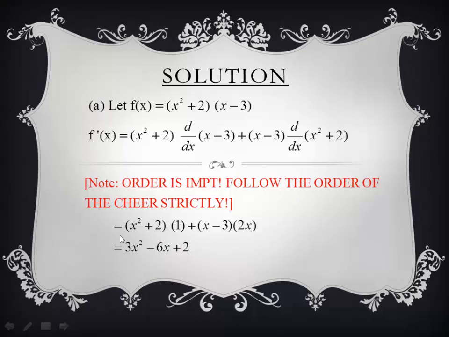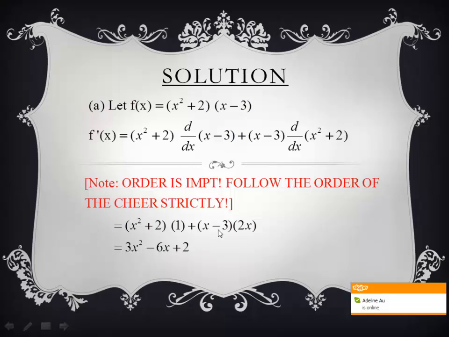So you get two terms over here. This is the first term, adding on to a second term. Notice these two terms have no common factors. So what we do is we expand all the brackets. x squared plus x times 2x will get 3x squared.